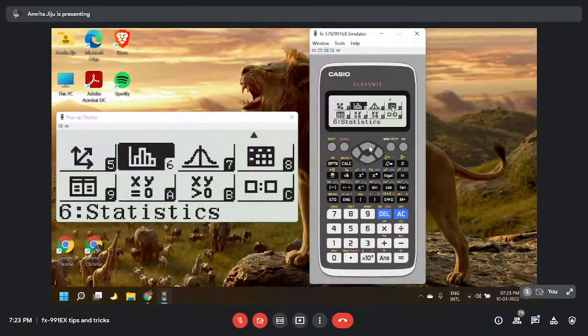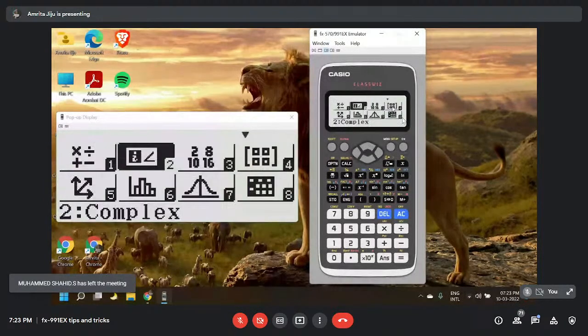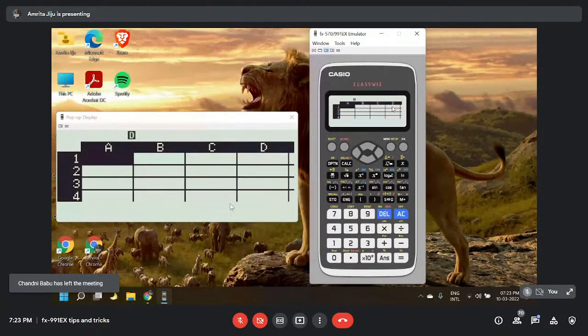Otherwise, if you want the spreadsheet, you just click the number 8, and you will enter into that mode. So yeah, is that clear, how you choose the menu function? Yeah, I hope it's clear.